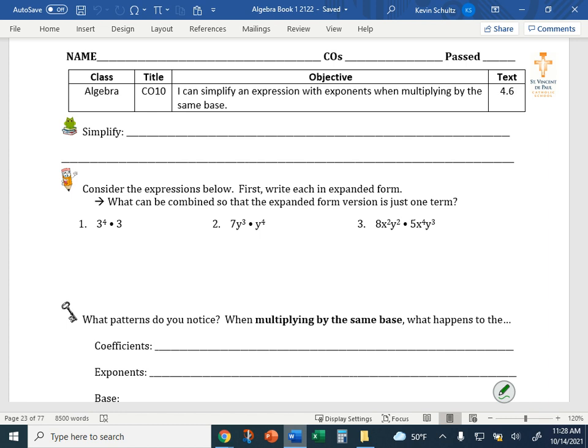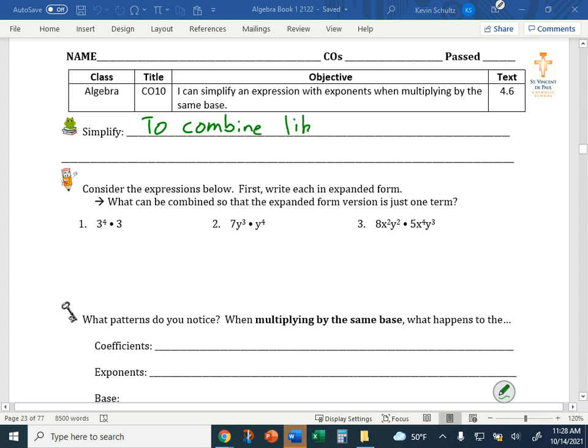And in this case, we're going to start this to combine like terms, okay? In last unit, our like terms for equations were coefficients and constants.